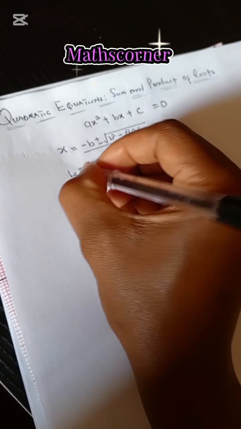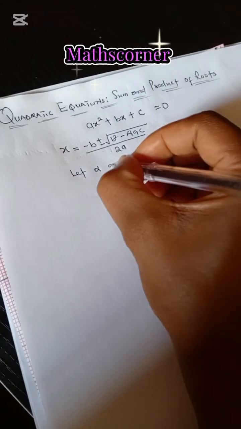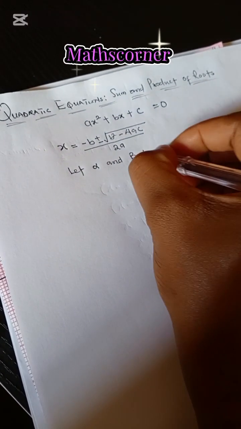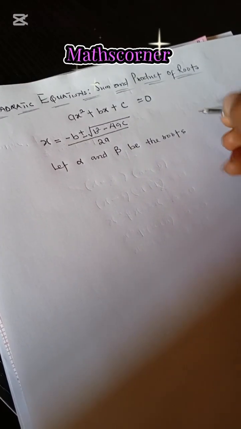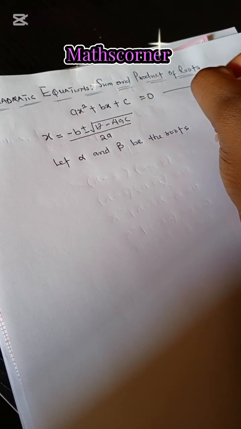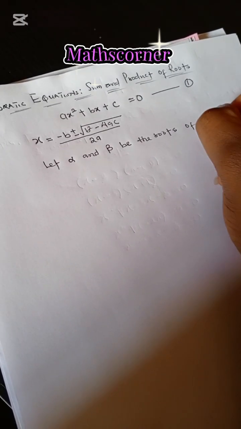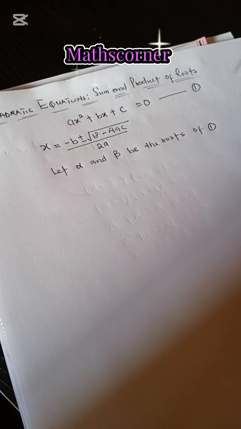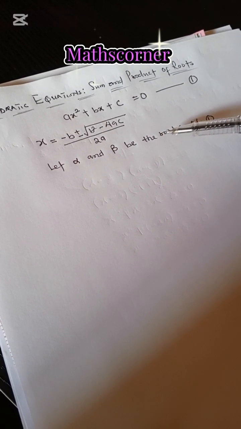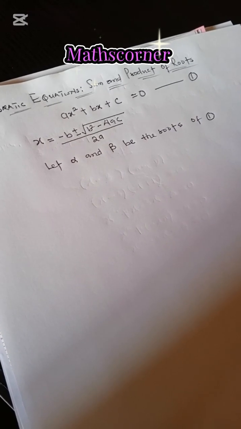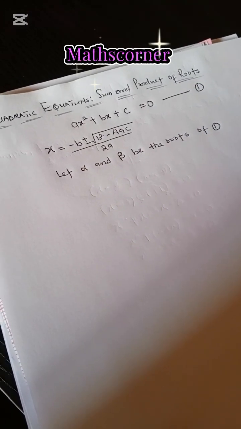So we're looking for the roots. We'll let alpha and beta be the roots of, let's call this quadratic equation, equation 1. That is, let them be those two answers we're going to get whenever we solve this quadratic equation.